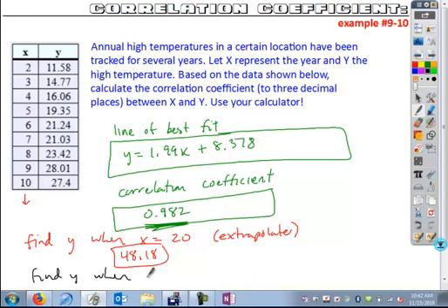And what if I ask you, find y when x is 7/2? So 7/2 is 3.5, so that falls in between or within the values that were tested. So this is an example of interpolating the data.